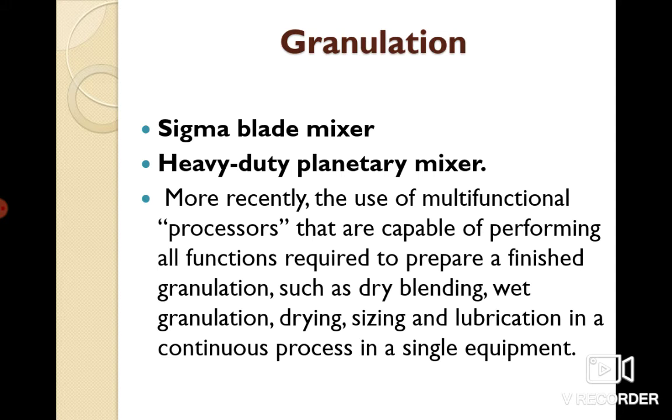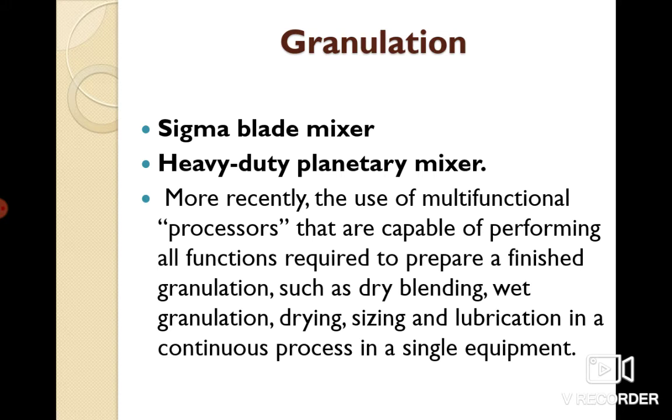So this is really very important, and we can say there are two methods, for example dry methods and wet methods. In case of the wet method, some form of liquid is utilized to bind the primary particles. In this we can use a sigma blade mixer and heavy duty planetary mixers.